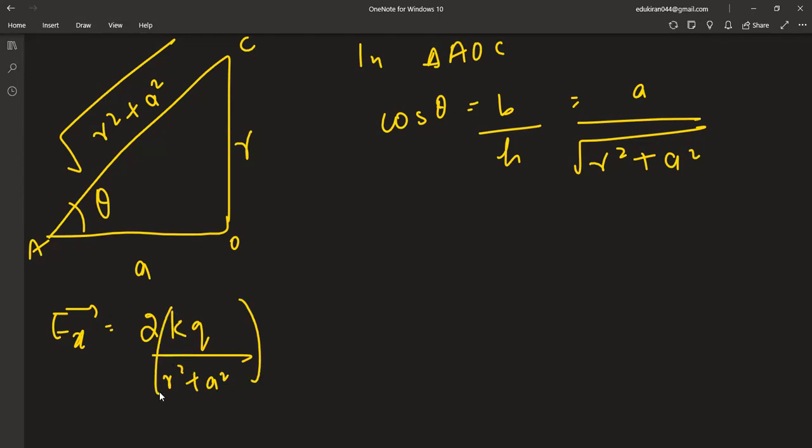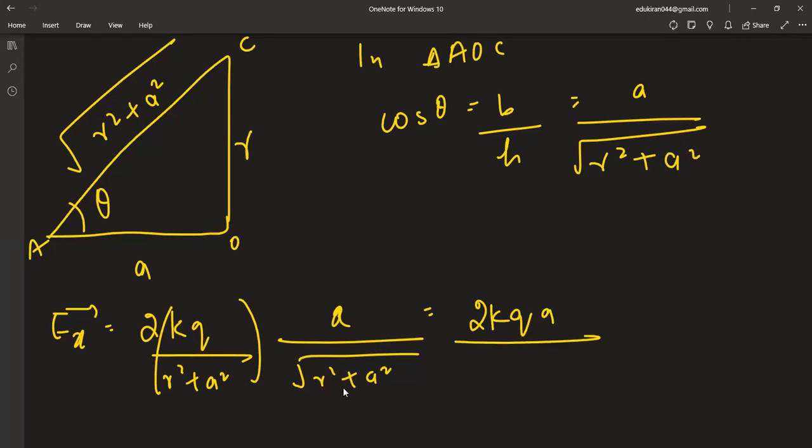This is E. 2E cos theta, and cos theta is a by under root r square plus a square. Right? So I can write this as 2kqa by, this is power half, (r square plus a square) to the power half, and this is power 1, (r square plus a square) to the power 1.